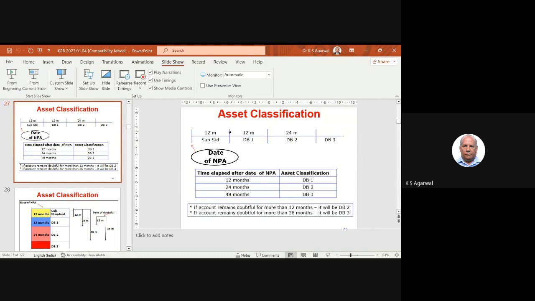Similarly, if it has remained doubtful for more than 12 months, it will migrate to the DB2 category. If it has remained doubtful for more than 36 months, since it started being doubtful here, it will migrate to DB3.